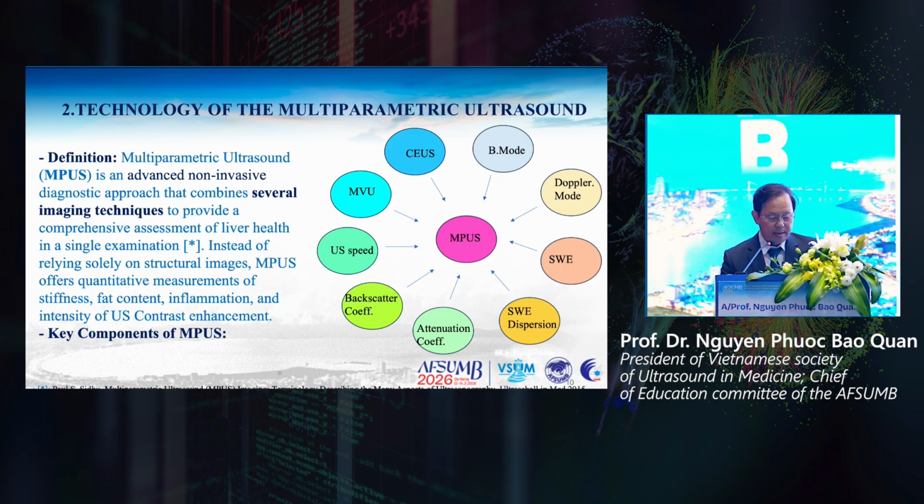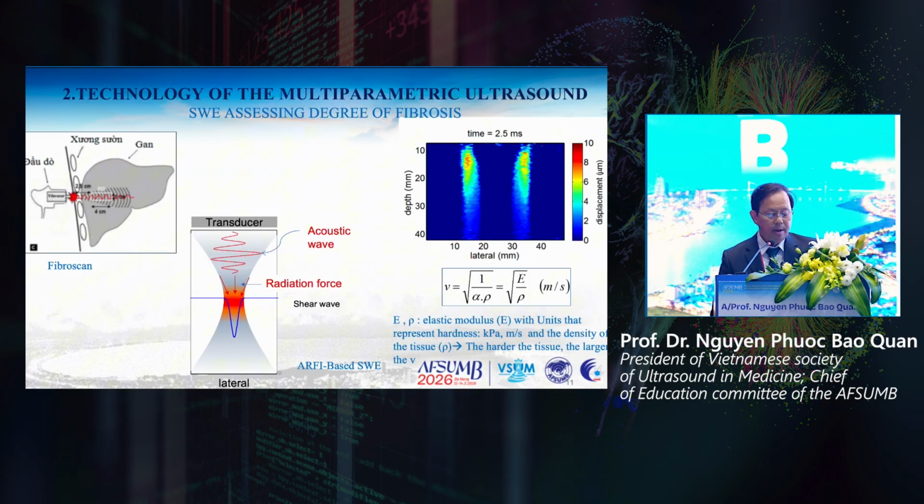In the picture we have B-mode, Doppler modes, shear wave dispersion, attenuation coefficient, backscatter coefficient, ultrasound speed, and microvascular ultrasound, CEUS. And nowadays AI technology can assist in multiparametric ultrasound.